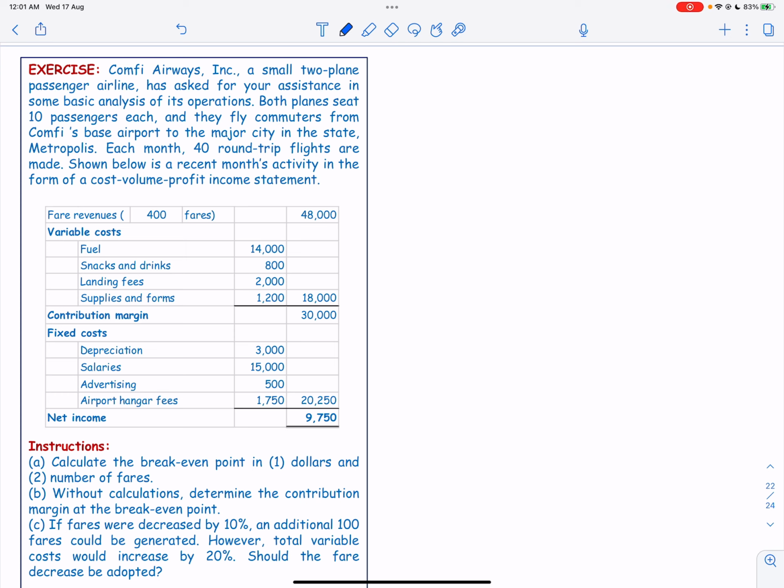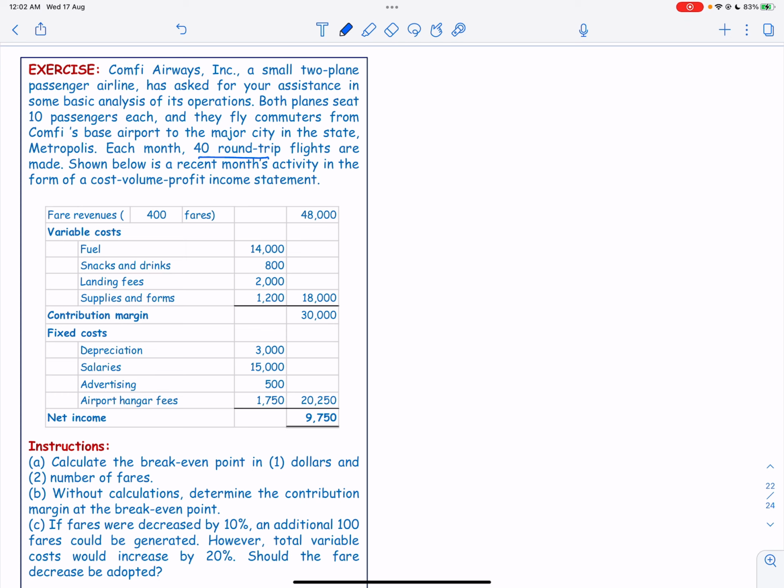Both planes seat 10 passengers each, and they fly commuters from Comfy Base Airport to the major cities in the state metropolis. Each month 40 round trip flights are made. Shown below is a recent month's activity in the form of a cost, volume, profit, income statement.